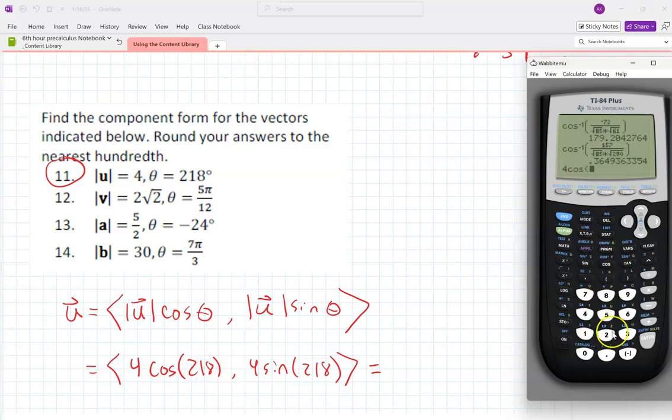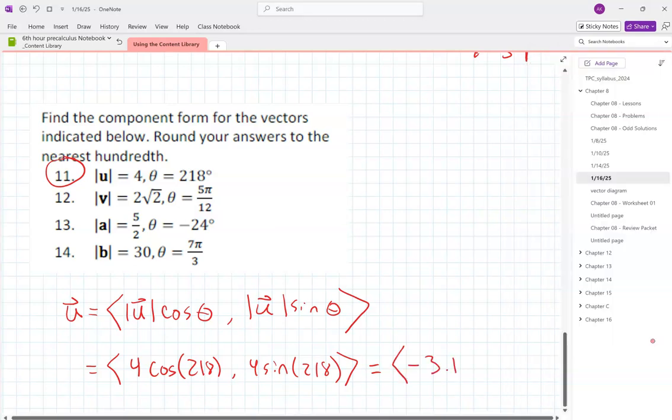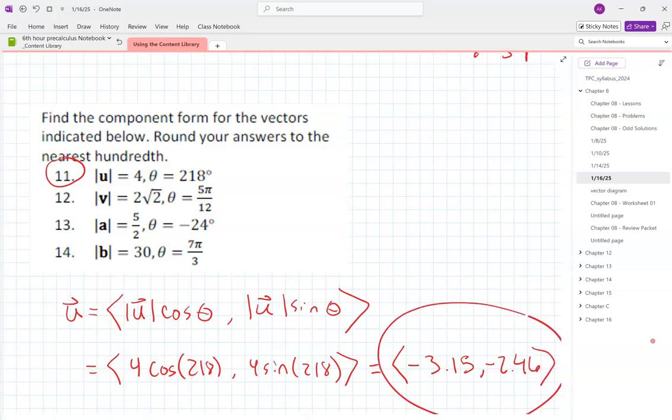Is that okay? So I have negative 315 comma negative 246. That's my magnitude and direction to component form.